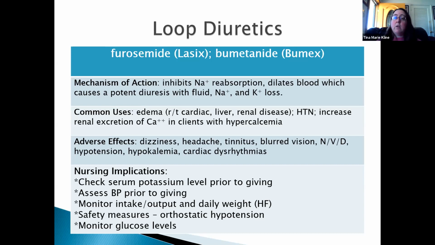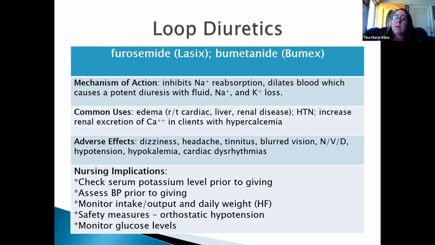So when you talk about loop diuretics, they're going to make your patient pee. That's what they do. They help them get rid of excess fluid through urination. Now, they're also going to be losing potassium, and with loop diuretics, that's a concern because they have that potential risk for hypokalemia. Okay? So when we talk about loop diuretics, we're talking about them in relation specifically to hypertension.